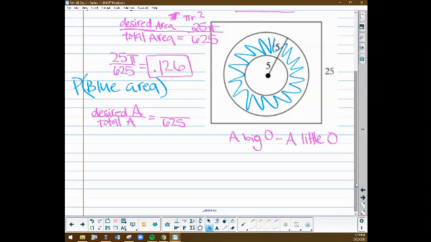Okay, so the area of the big circle, well, the radius is 10, so it's going to be 100 pi. The area of the little circle, we just figured that out, is 25 pi.